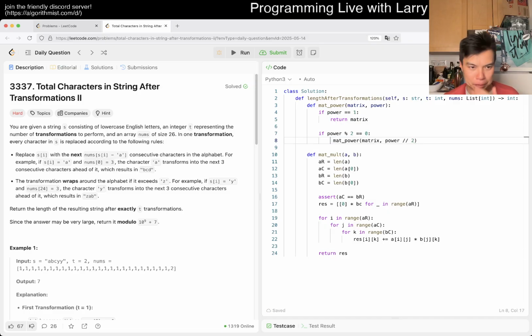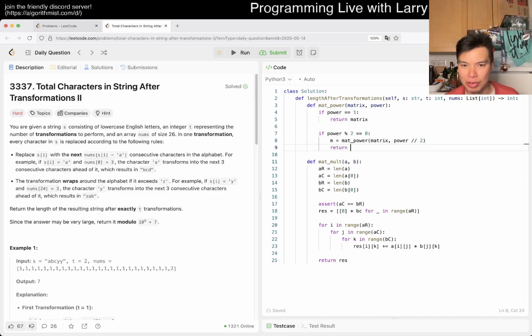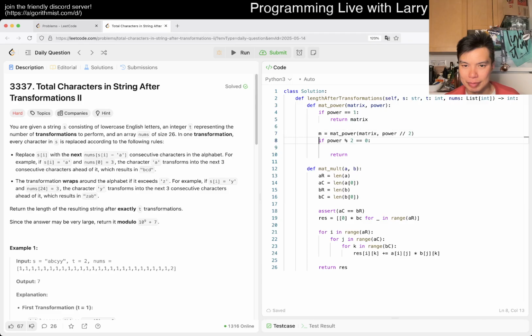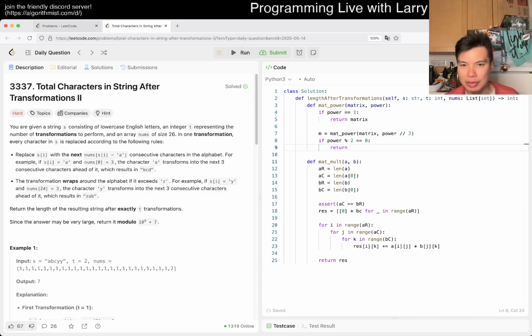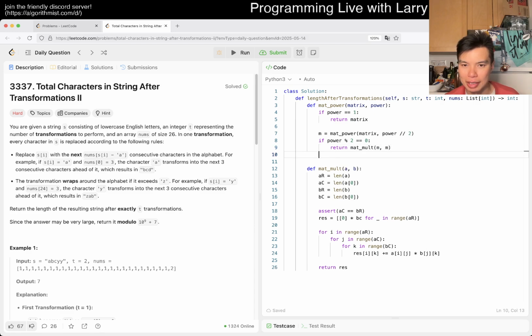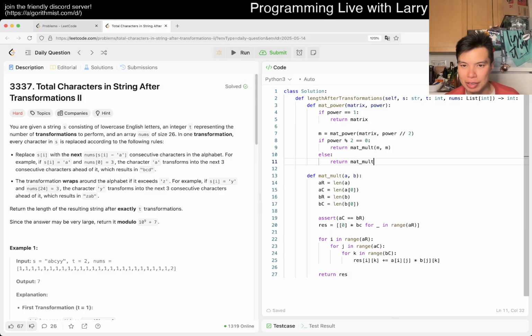So m is equal to this, and then we return mod matrix multiply of m and m, and that's it. Otherwise, we return matrix multiplication of m and m, and then the matrix. I think the order doesn't matter because they're all the same matrix anyway.